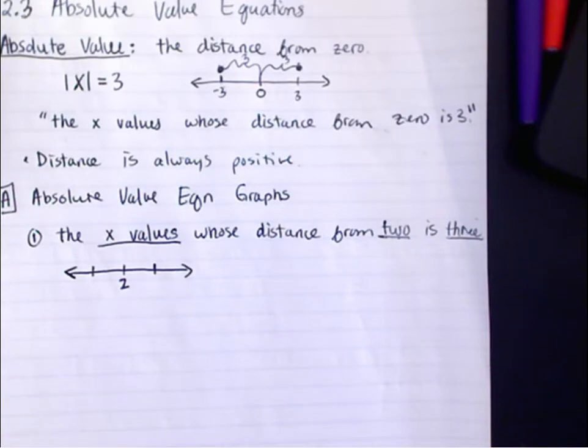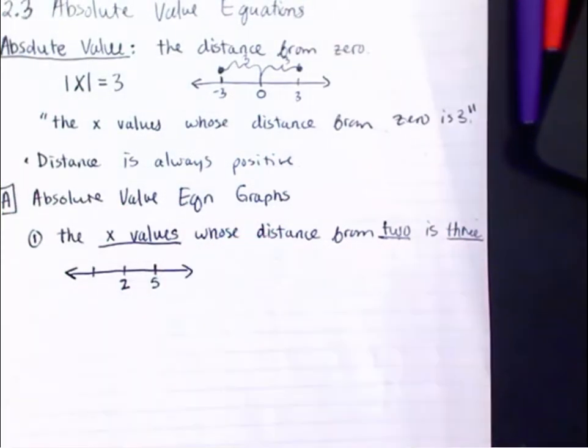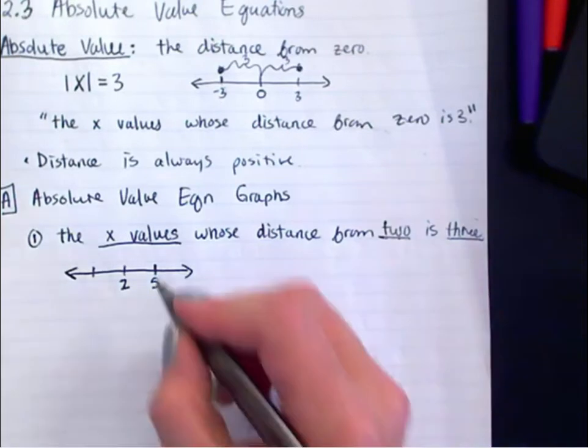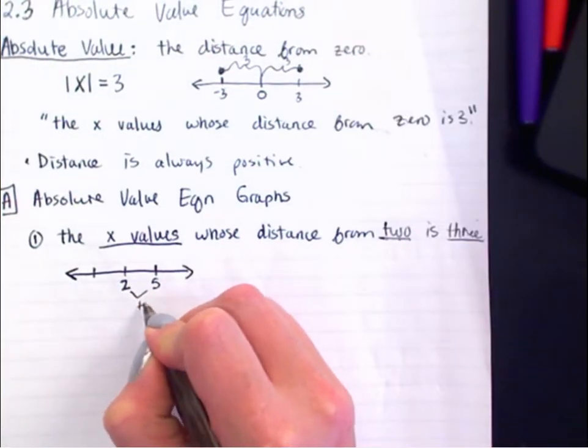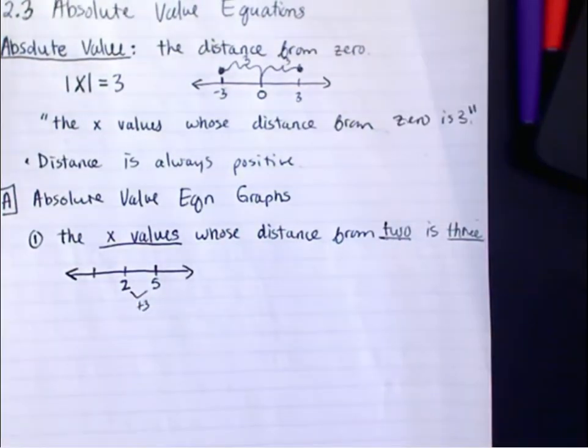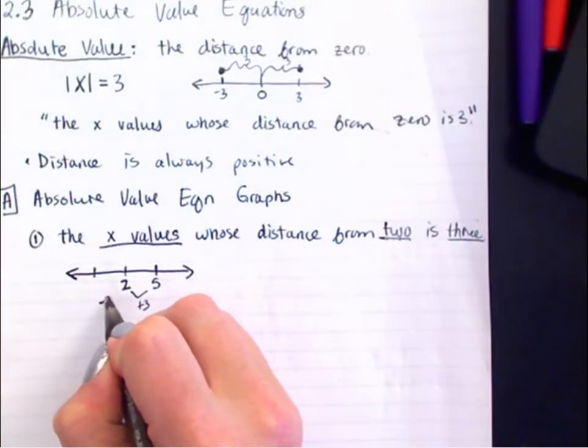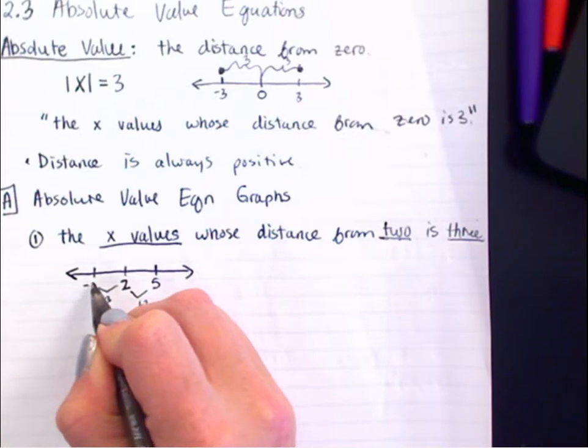What are the other two numbers that go on this number line? 5, that would be the positive distance, plus 3, and negative 1, that would be the minus 3.